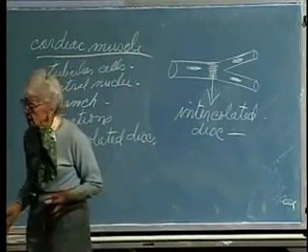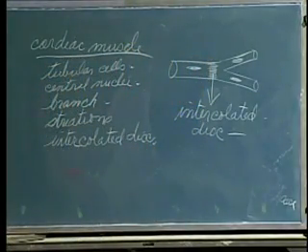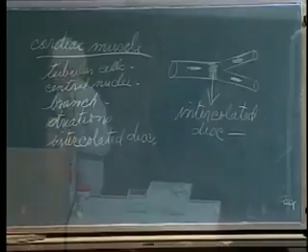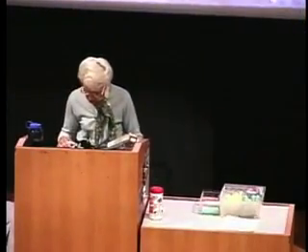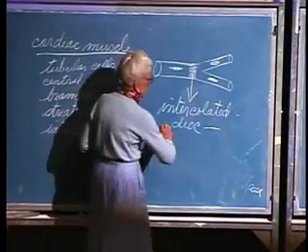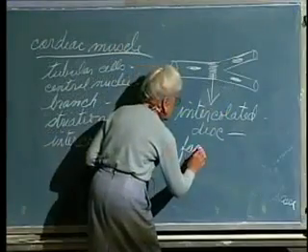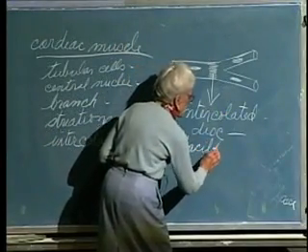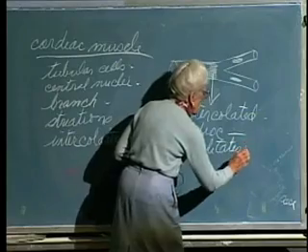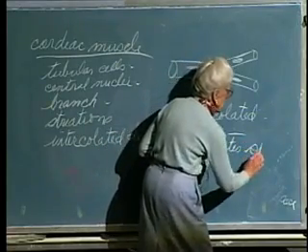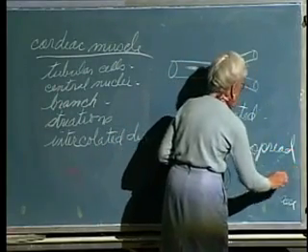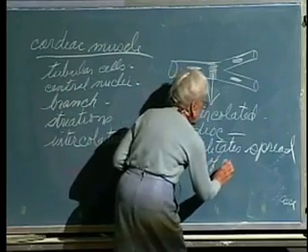Where have you seen an intercalated disc before? Ever? Any junction ever look like an intercalated disc? What's it doing? It's facilitating the rate of transmission along the fiber. It facilitates a spread of contraction.